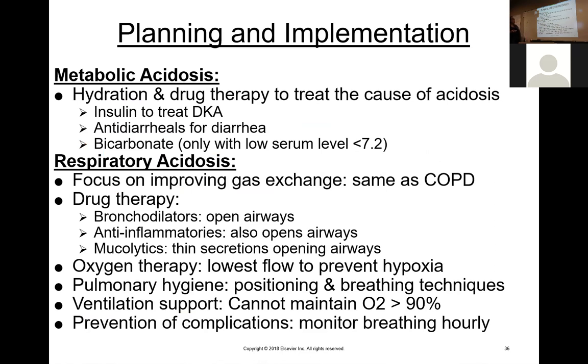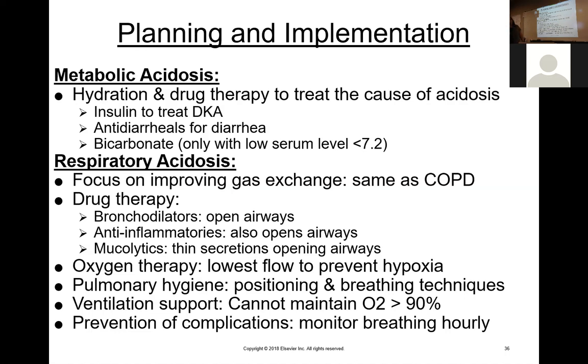All right, metabolic acidosis can come about because of DKA, diarrhea, bicarb changes. You'll see these types of medications to help treat some of the respiratory acidosis. Anti-inflammatories, like your IV steroids, bronchodilators to open up those airways, mucolytics like Mucinex to help thin secretions so they can expectorate, that means to cough up and out.